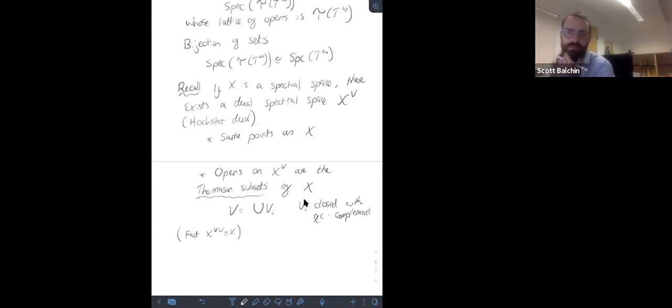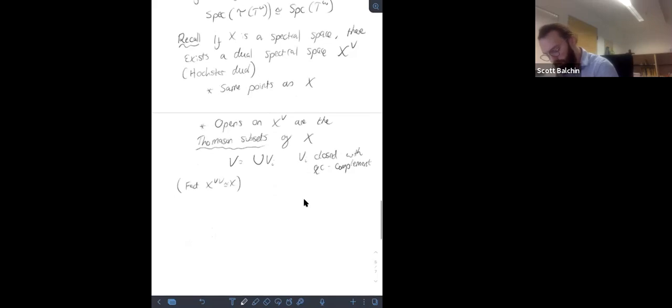On the lattice point of view, the fact is that if I have any coherent lattice, I can flip the lattice upside down and take Spec of that again. It's still a coherent lattice. The points end up being the same, and the topology ends up being described like this. So this also has a lattice theoretic point of view.